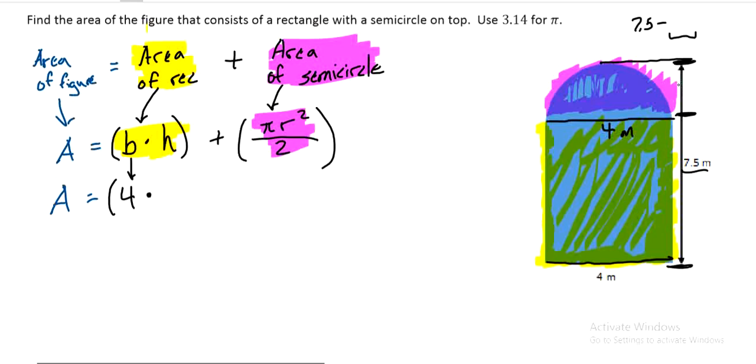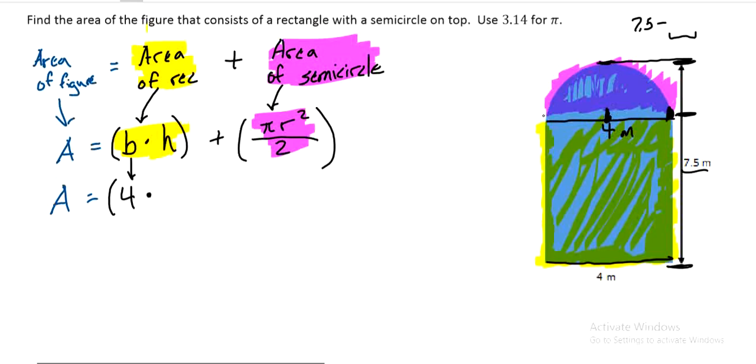Well, the reason I bring up the diameter with the semicircle, that diameter of 4, is because I know that there's a center to a semicircle, and I know that the radius of any circle is the same all the way around. So the distance from the center to its edge is the same as the distance from the center to the top.